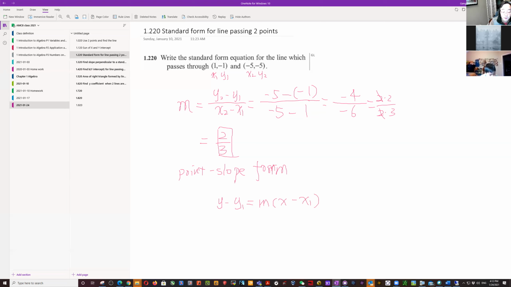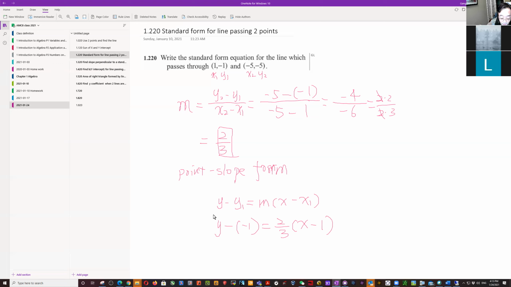So we still use the same numbers to plug in. y minus y1: y1 is -1, so y plus 1 equals m. m is 2/3, times x minus x1, and x1 is just 1.